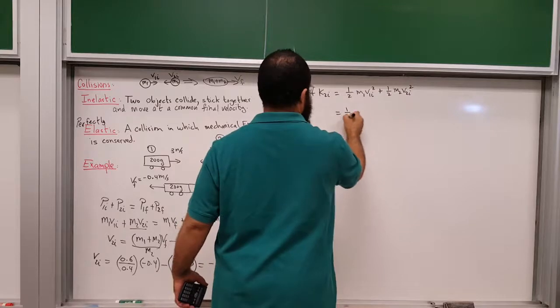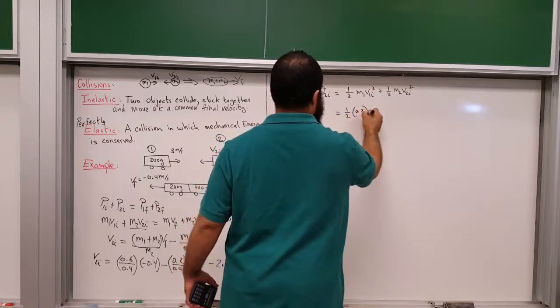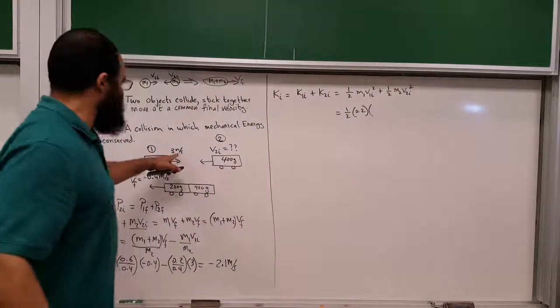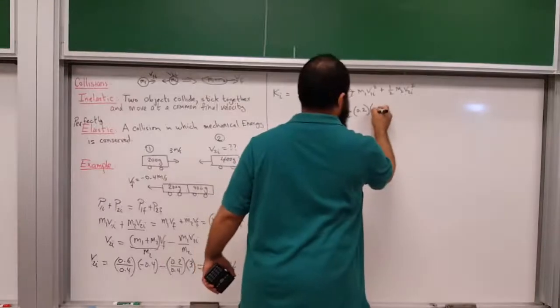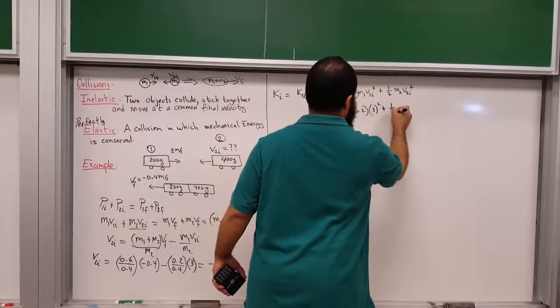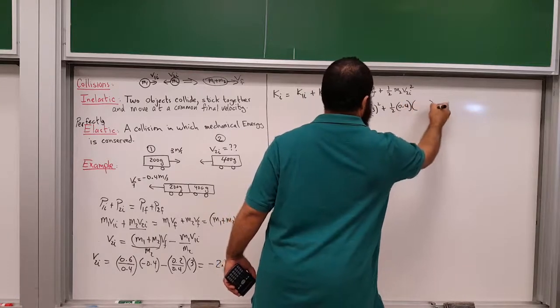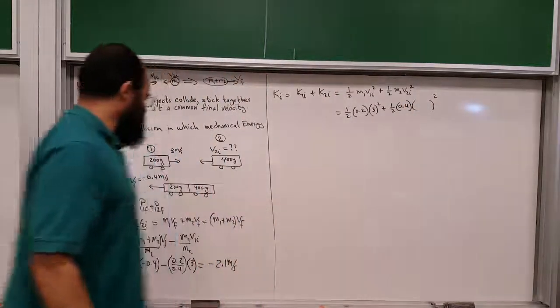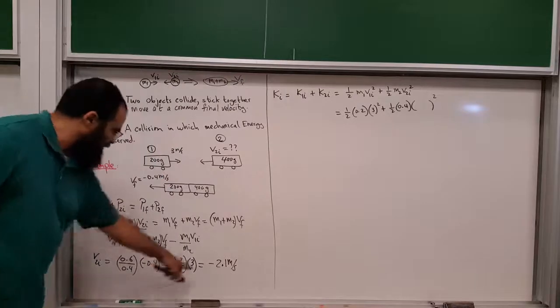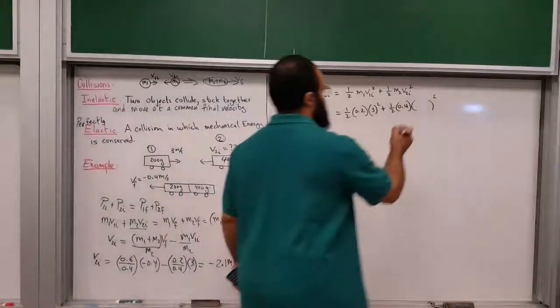So that's 1/2 times m1, which is 0.2 kilograms, times v1 initial, which was 3, squared, plus 1/2 times m2, 400 grams or 0.4 kilograms, times v2 initial squared.